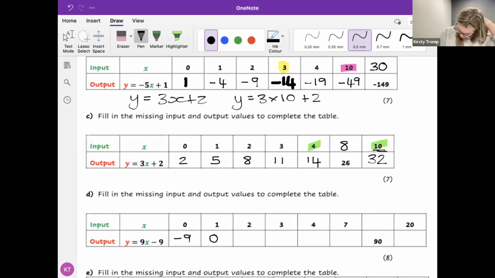Next one. 9 times 2 equals 18. 18 minus 9 equals 9. Fantastic, Amar. Tell me what your answers were for the next 3. 18, good. 27, good. And this one was a trick one. Tell me what this one was. 54. 54. Fantastic. Well done, Amar.